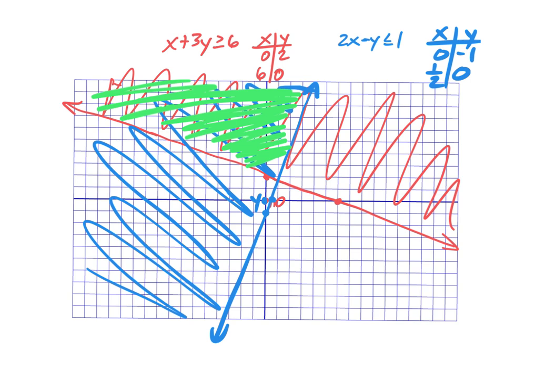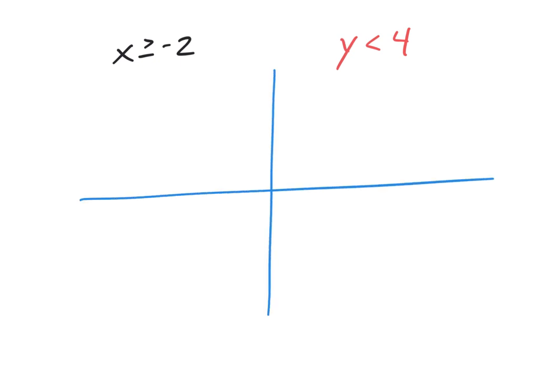Okay, last example that we're going to do. I'm not going to pull a piece of graph paper up for this one because I don't think we need it. X is greater than or equal to negative 2. Y is less than 4. Okay, we talked about these two equations.